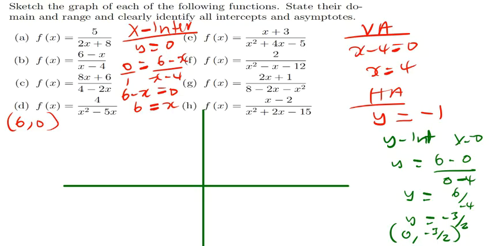There we go. What is our x-intercept? Also, the vertical asymptote is that x is equal to 4. I'll put 4 here and draw a line cutting at 4. Y is equal to negative 1, so I'll put negative 1 here and draw a line cutting negative 1.